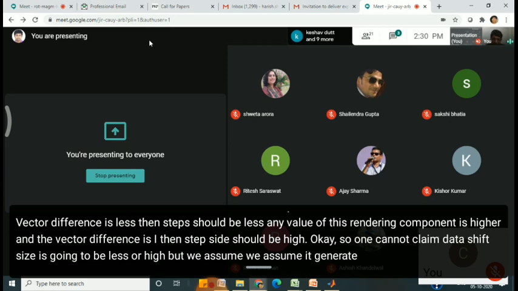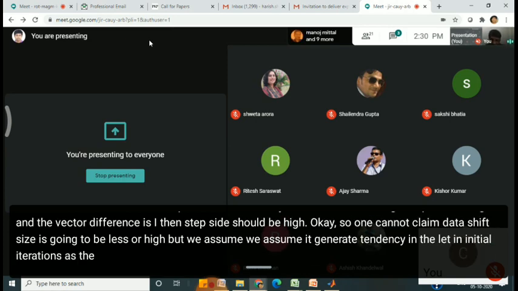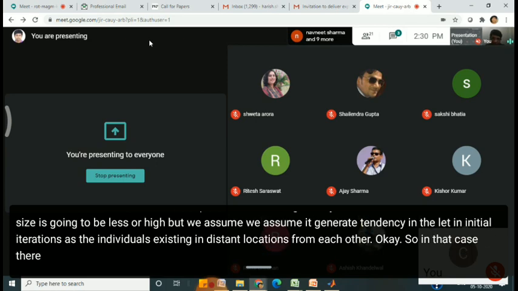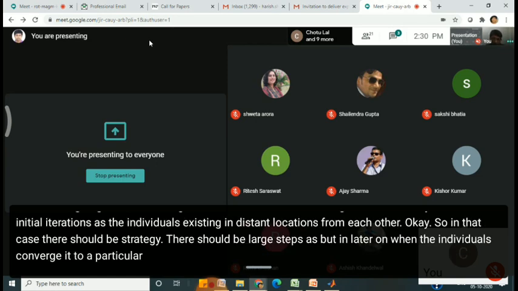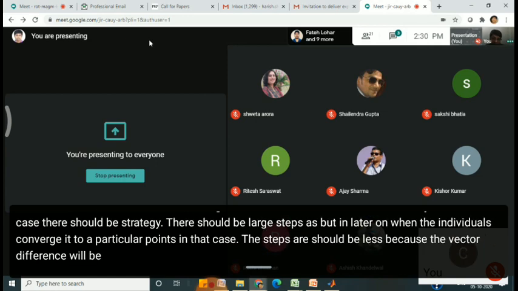But we assume a general tendency that in the initial iterations, as the individuals exist in distant locations from each other, there should be a large step size. But later on, when the individuals converge to a particular point, the step size should be less because the vector difference will be very small.